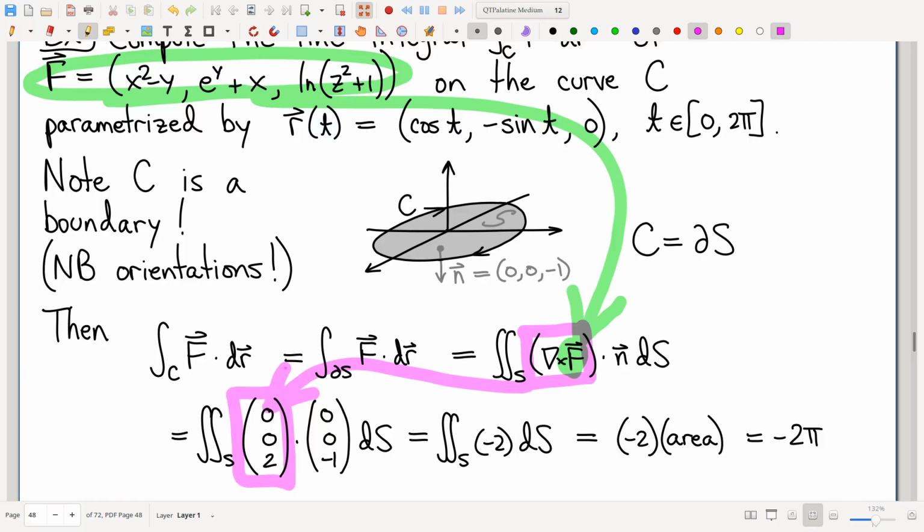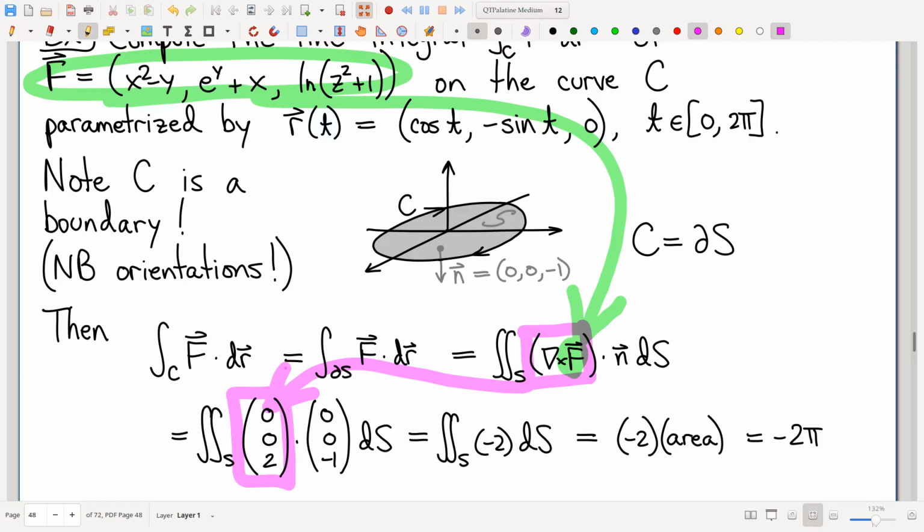Make sure you can compute it proficiently. That means reliably and quickly. Right? And make sure you can do that. Just glass smooth. And isn't this awesome? Look how much that simplified. The original vector field had a lot of ugly in it. The curl of the vector field is a constant, and even better, a constant that has some zeros all over the place. So that's a fabulous win.